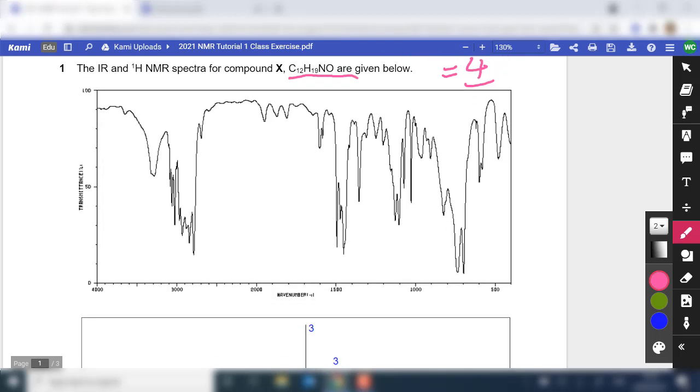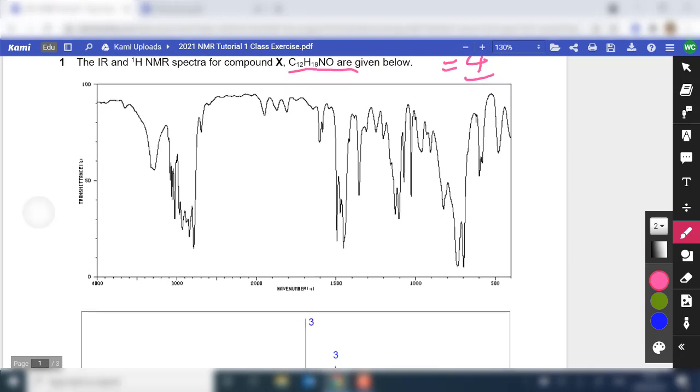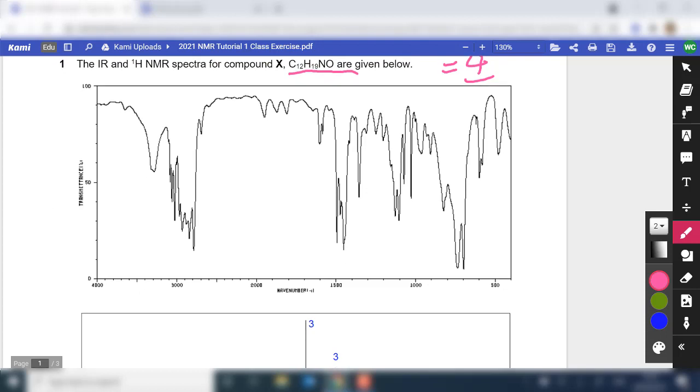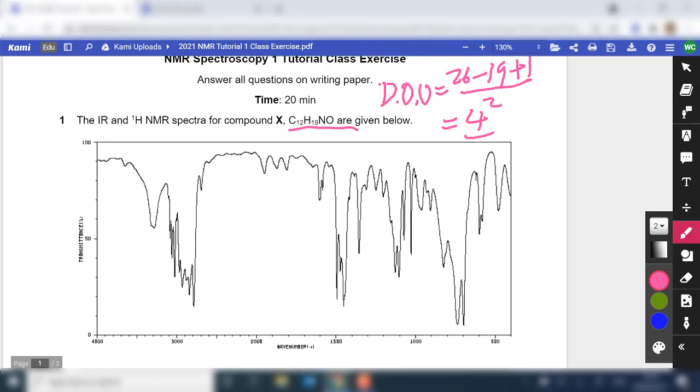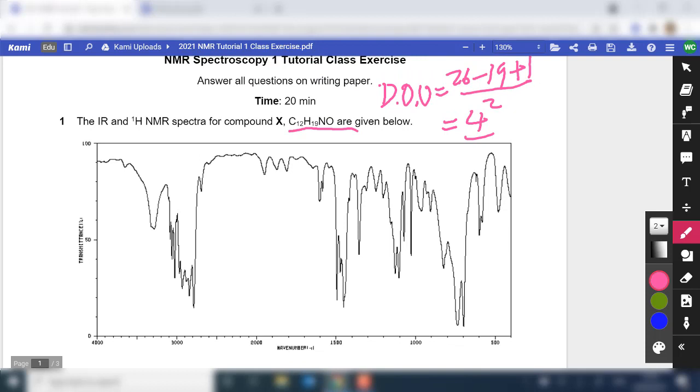Okay, so now we are given the IR. First of all, we might want to assume that it's a phenyl ring, because if we look at this particular region, at about 1500, there are very sharp and strong stretches.